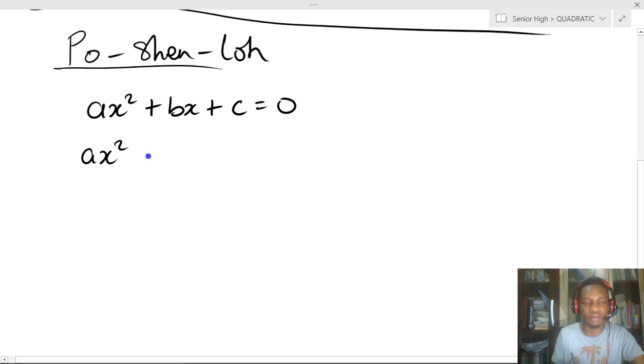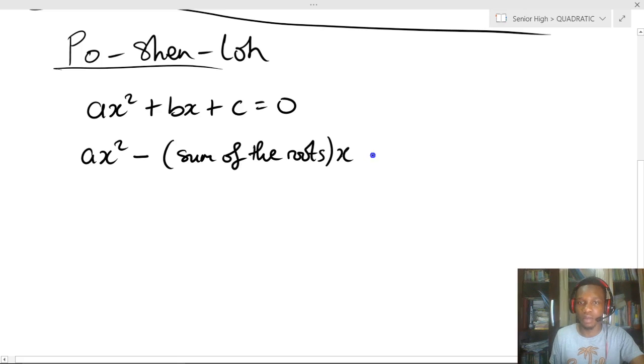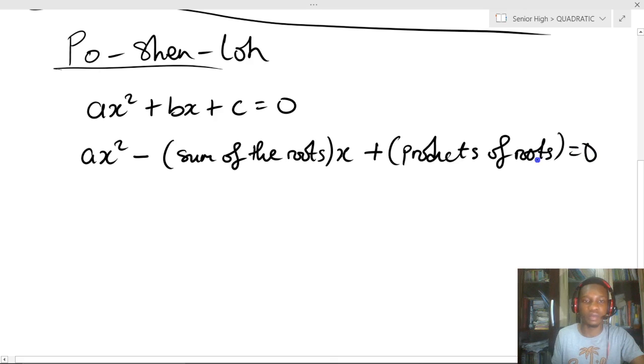ax squared minus the sum of the roots times x, plus the product of the roots, is equal to 0. What does this mean? These are just two ways of representing your quadratic equation.